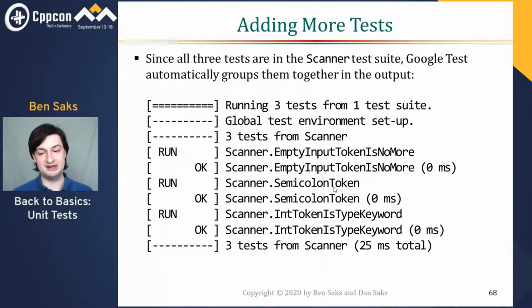And now that one test has become three tests. And the output looks something like this. It's now indicating that all three tests are in the Scanner test suite. So they're automatically grouped together in the output. And it just tells us the results from that whole test suite at once.